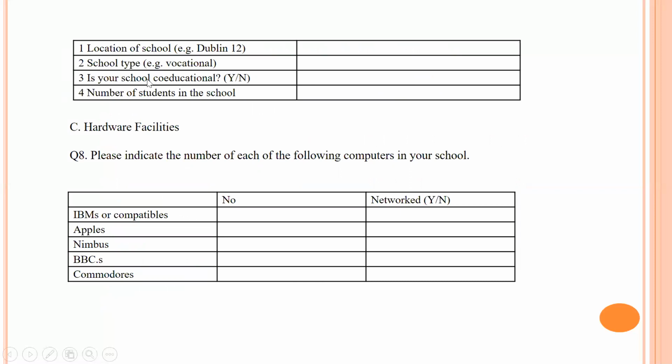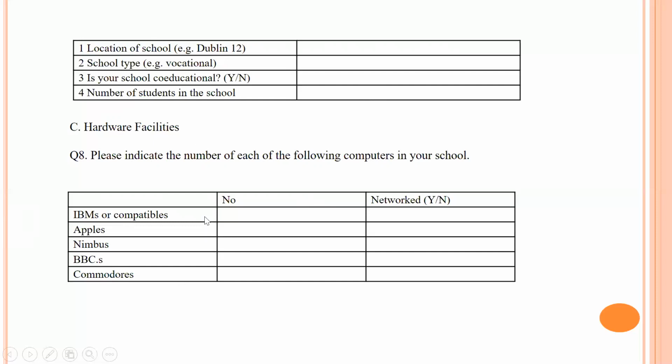Then, is your school educational? If yes, you must choose yes. If no, you must choose no. And the last one, number of students in the school. And the variant C. In the variant C, you must write hardware facilities. And Q8. Please indicate the number of each of the following computers in a school.